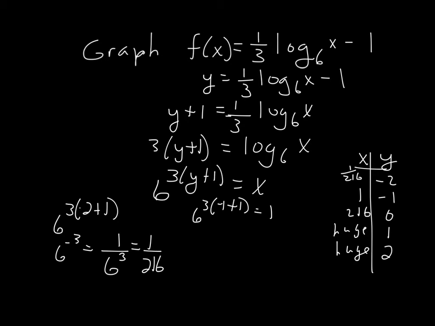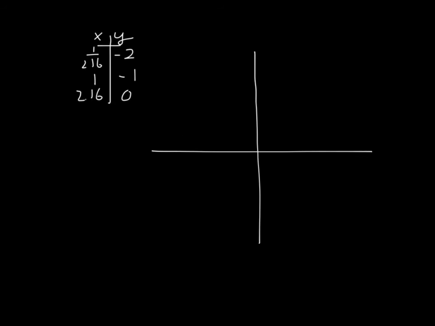The next question is, do we have enough? Even though we really just have these, we know this is really small, we know this is really big, we know this is kind of a normal point, is that going to be enough to get a decent graph? So I went ahead and made it on a separate graph here just so we have some room.